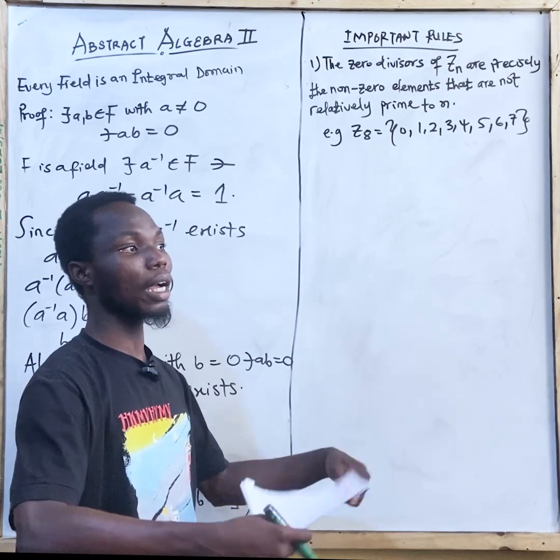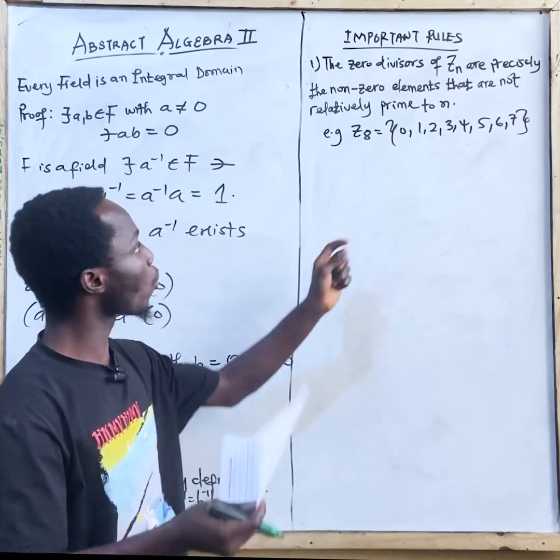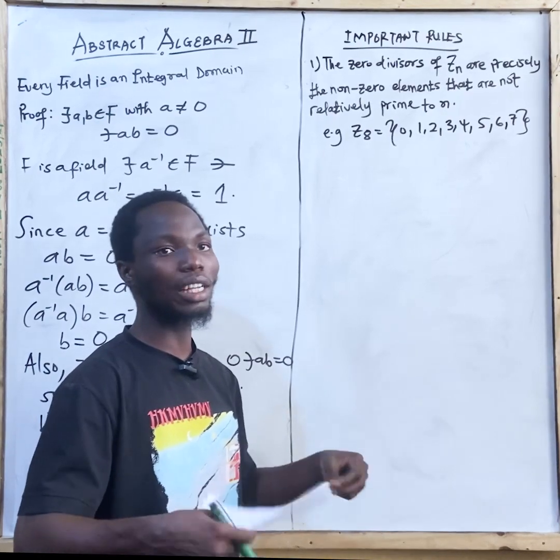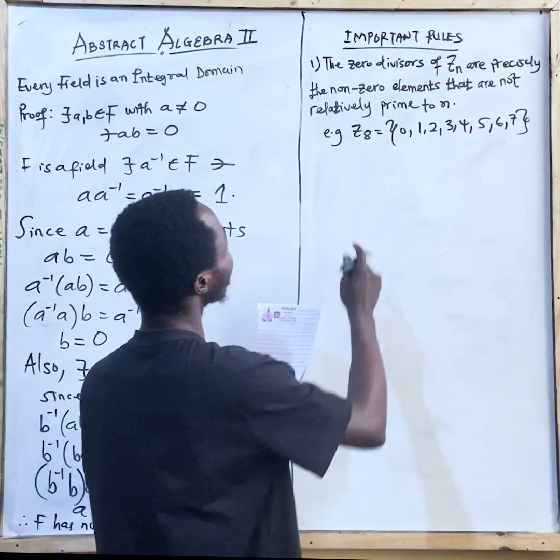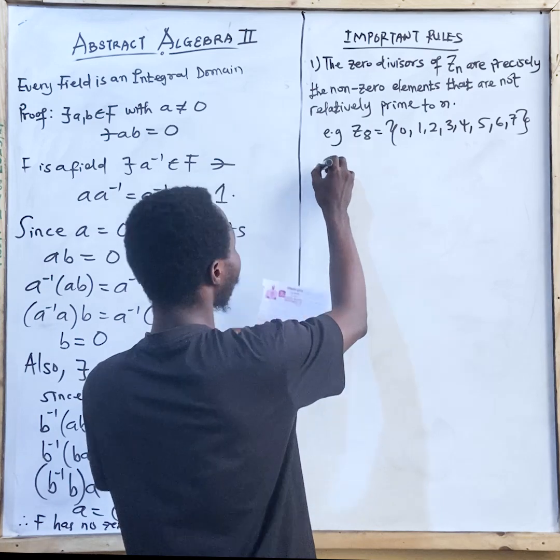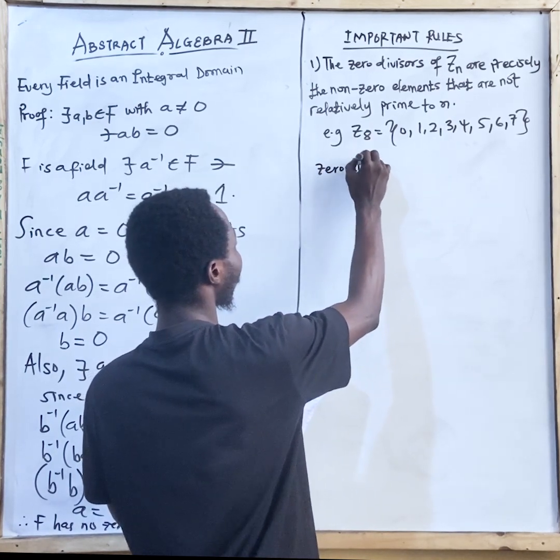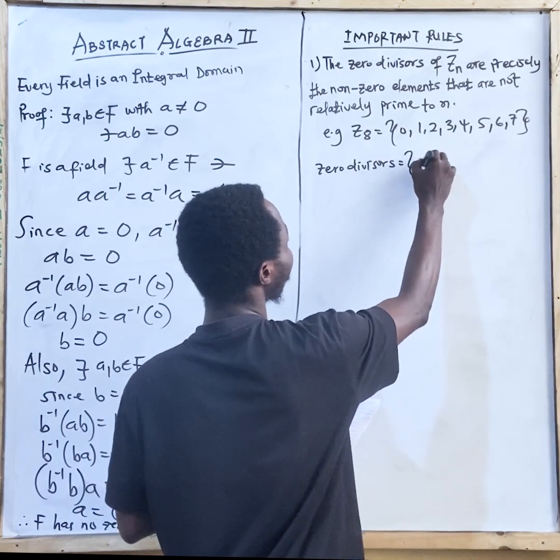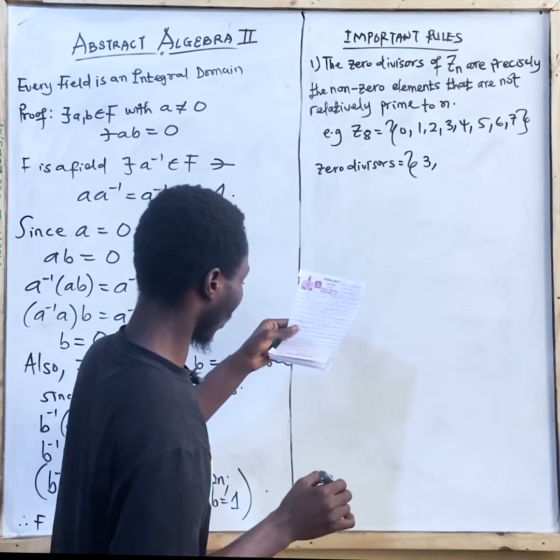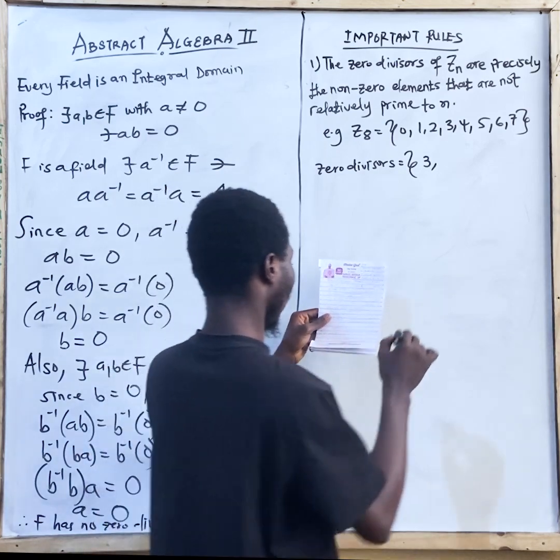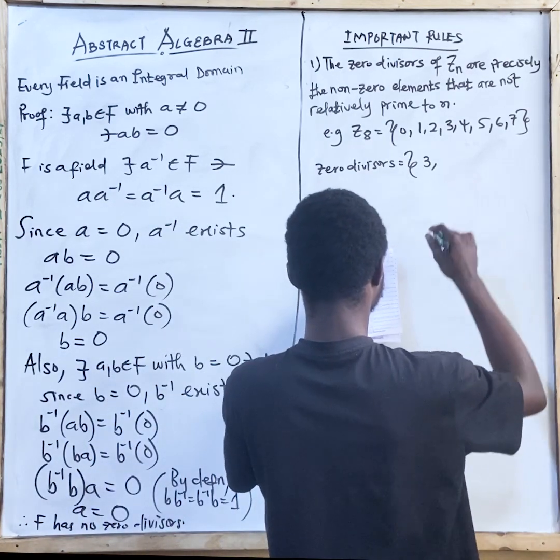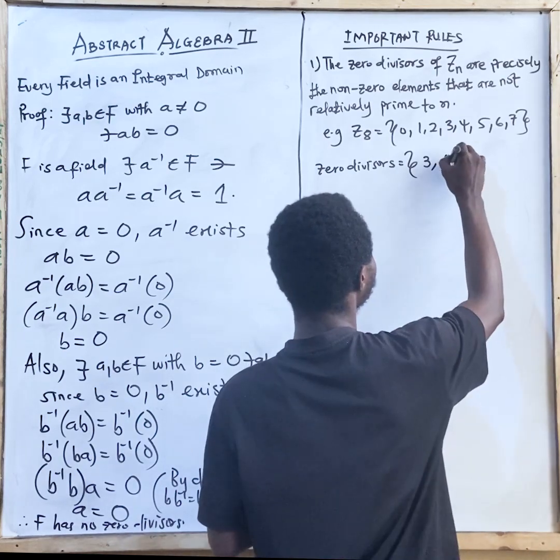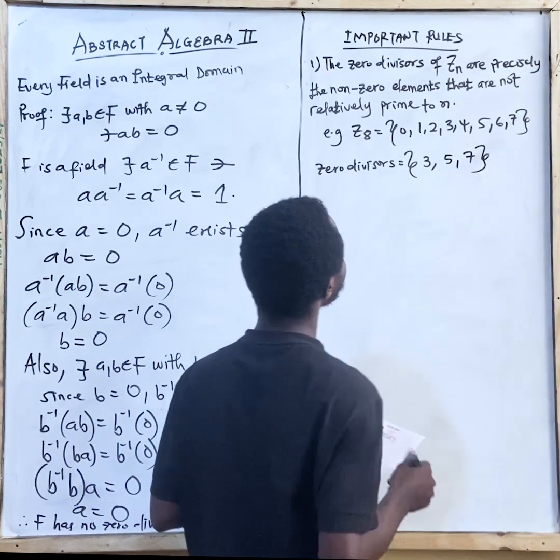That is, the highest number that can divide both is 1. So when I say not relatively prime, it means the greatest common divisor is not 1.